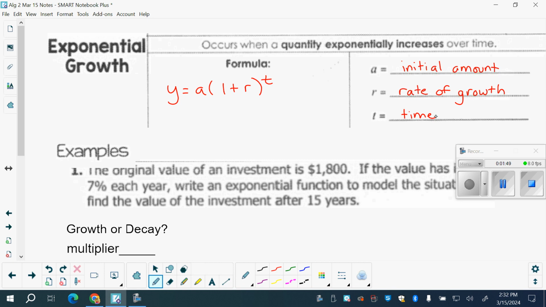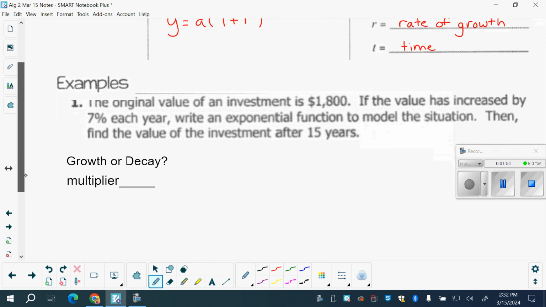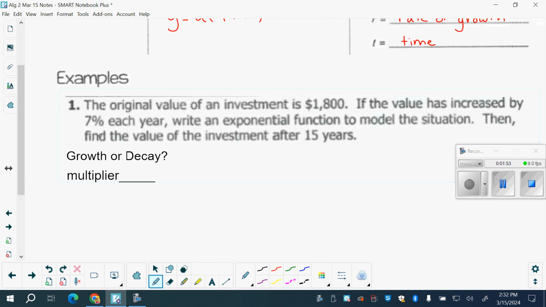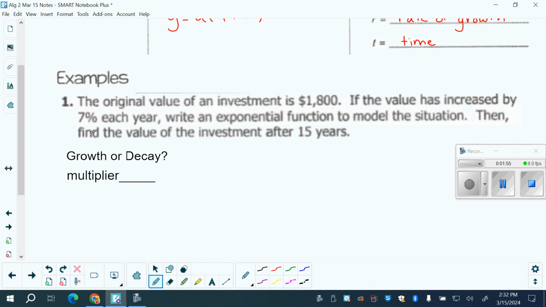So first example, the original value of an investment is $8,100. If the value has increased by 7% each year, write an exponential function to model the situation, then find the value of the investment after 15 years. So growth or decay? There's a word in here that tells us which one it is.